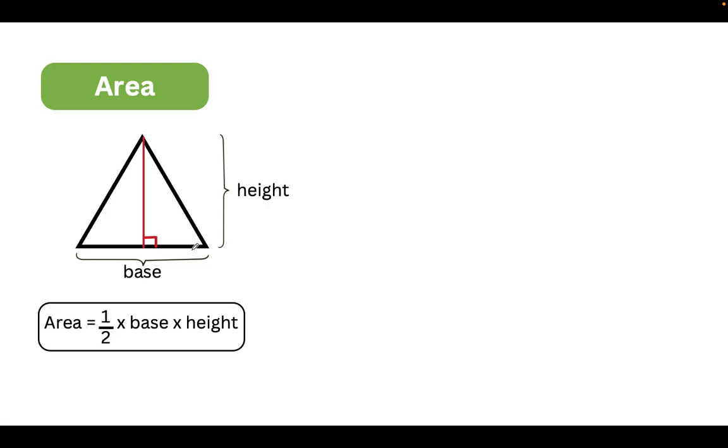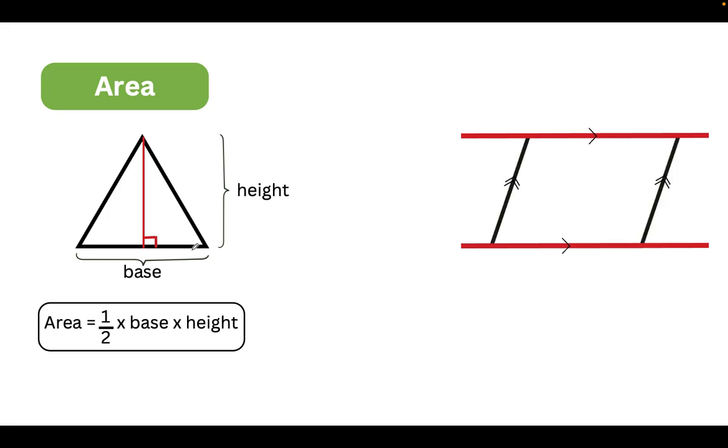Now let's move on to the parallelogram. For that, what we know is a parallelogram must have two parallel lines that are equal in length. So this is a parallelogram. Here you can see that this arrow and this arrow mean that these two red lines are parallel, and this double arrow means that these two opposite black lines are also parallel.